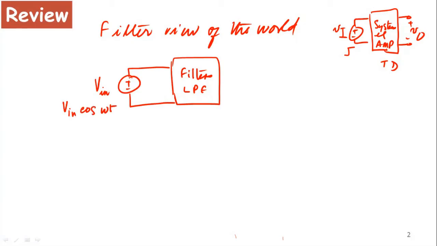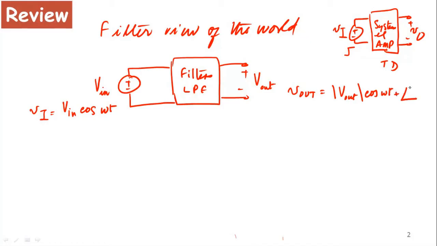The filter would process the signal and produce some output, V_out, which again would be the complex amplitude. The time domain input function was V_in cosine omega t, and the time domain output function would be the magnitude of the complex amplitude, cosine of omega t plus the phase of the complex amplitude.